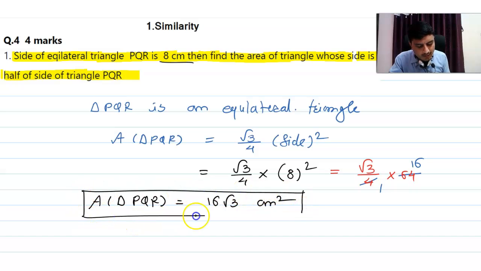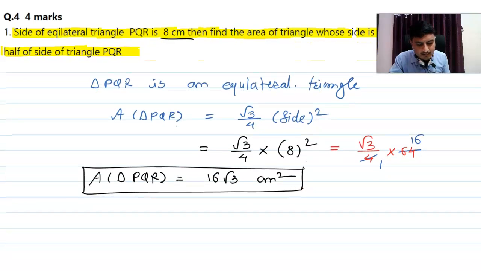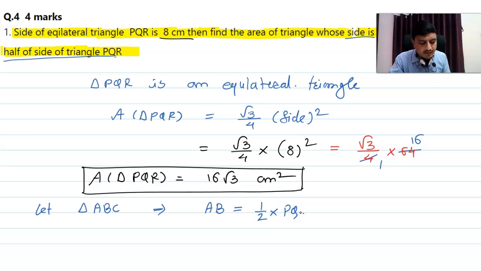Now we have to find the area of the other triangle whose side is half of the side of triangle PQR. Let us assume the other triangle is triangle ABC, in which the side is half of the side of triangle PQR. Let us consider the first side as PQ.